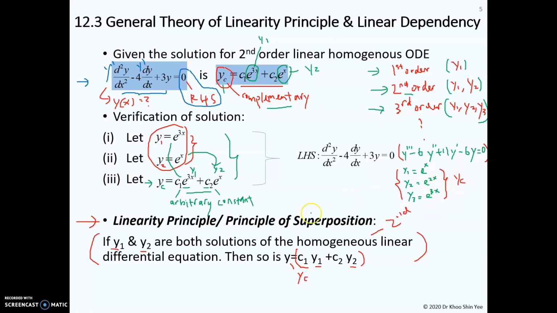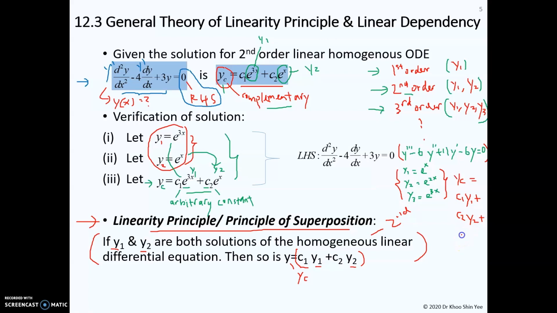This can be done by following the linearity principle, where once you obtain all the solutions for the third order ODE, the complementary solution will be in a linear combination form, where you take the constant one multiplied with your first solution plus the second constant multiplied with your second solution.